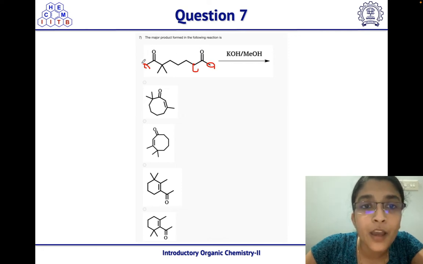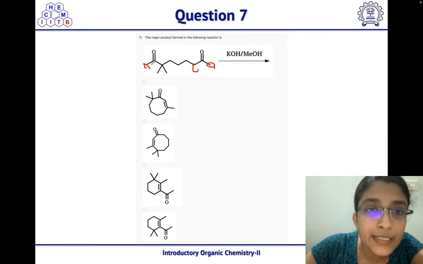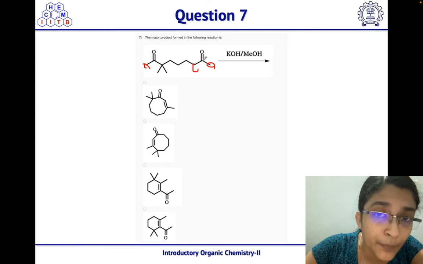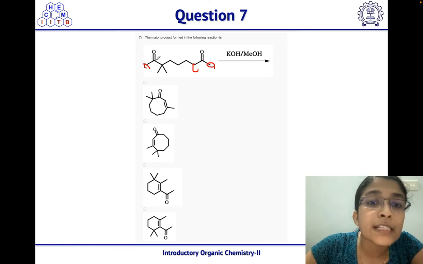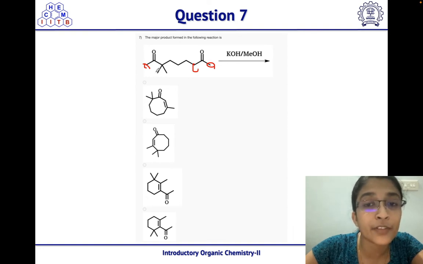But if the enolate forms at this carbon, then once it attacks this carbonyl, what is the number of atoms involved in that ring? It will be 1, 2, 3, 4, 5, 6, 7, 8. So an 8-membered ring will be formed, and formation of an 8-membered ring is not that favored.